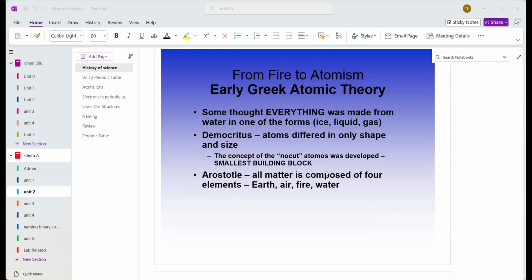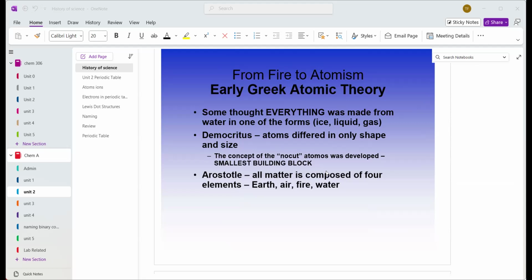Democritus, though, had an interesting idea. He said, if I have an apple and I cut it in half, is it still an apple? Yeah, still an apple, right? What if I cut it in half again? Still an apple? Okay, what if I took out my sharp Ginsu knives and kept chopping away, chopping away?